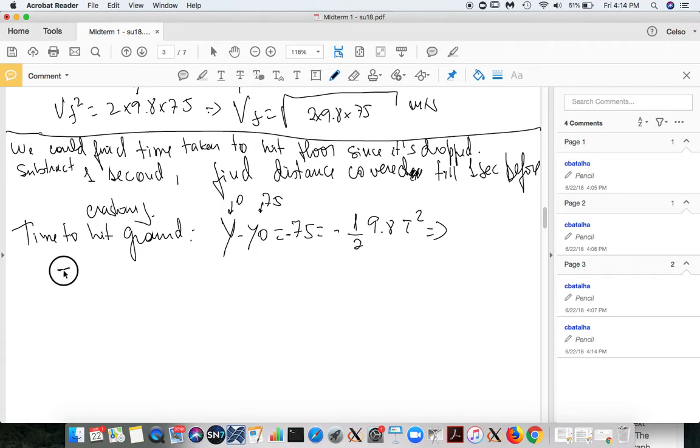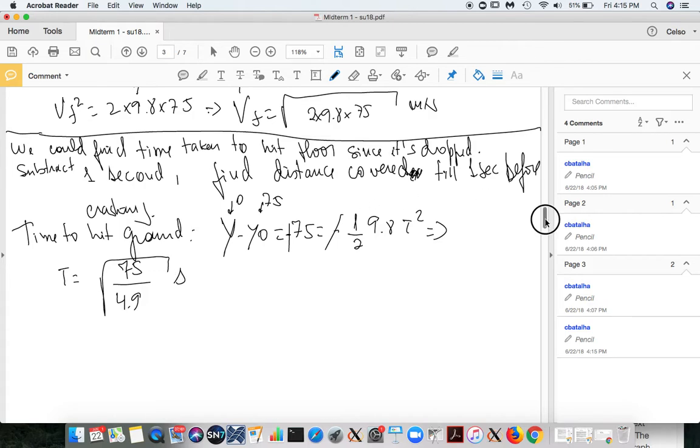And then the time that it takes to go all the way down, if we cancel the negative signs here, is 75 divided by 4.9, square root of that.